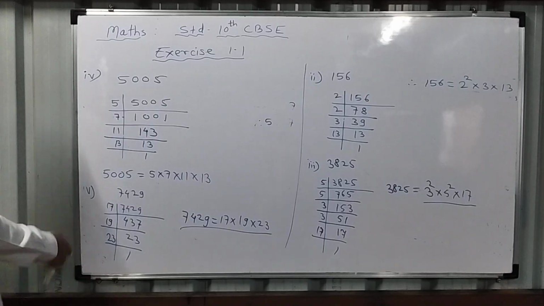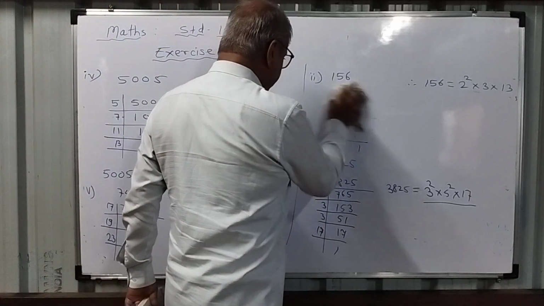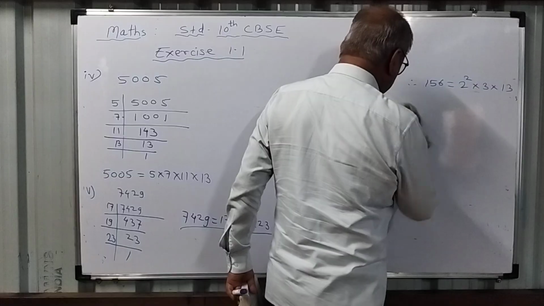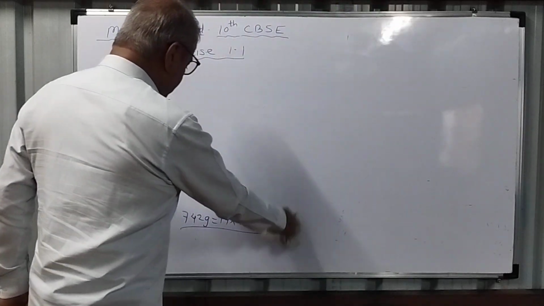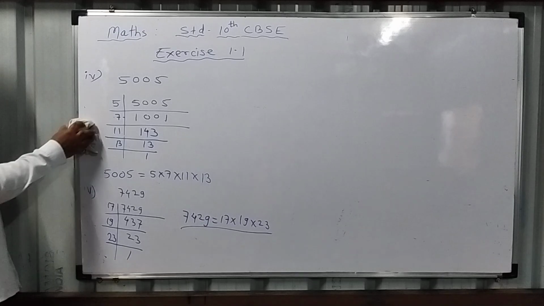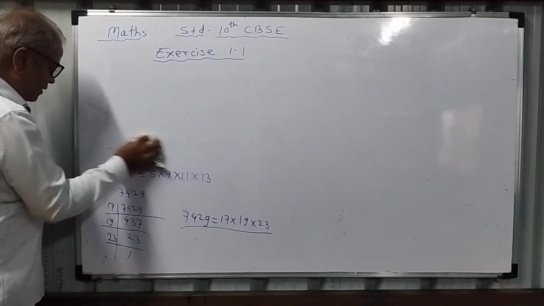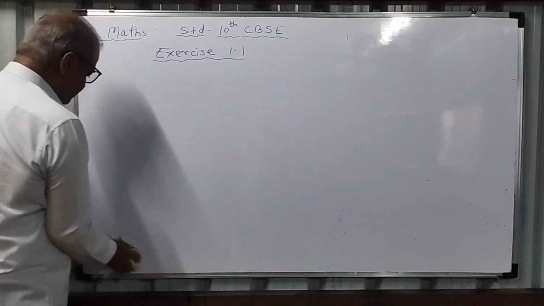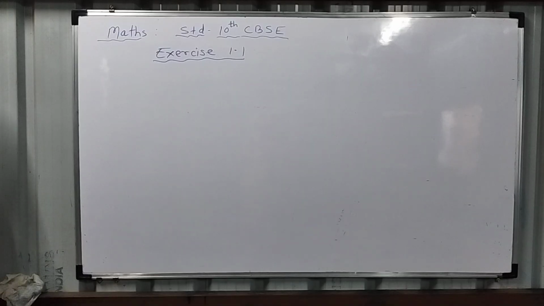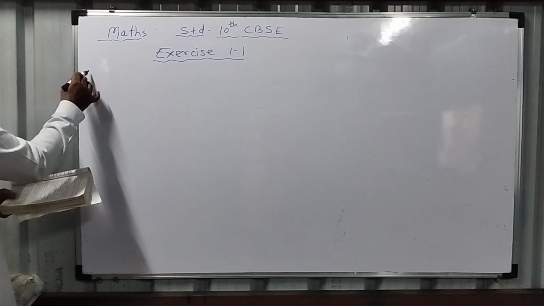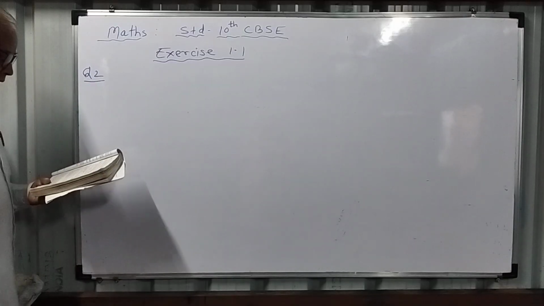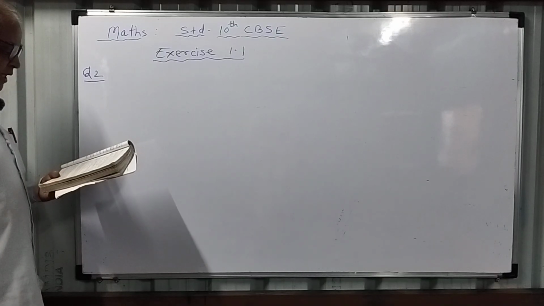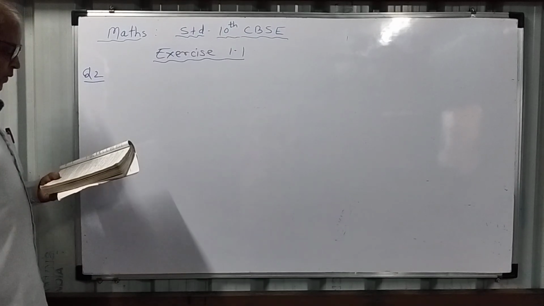Now we will go for question number 2. Find the LCM and HCF of the following pairs of integers and verify that LCM into HCF is equal to the product of the two numbers.